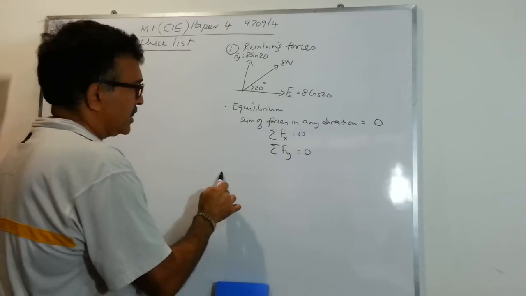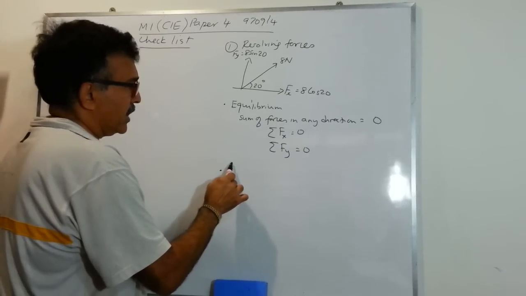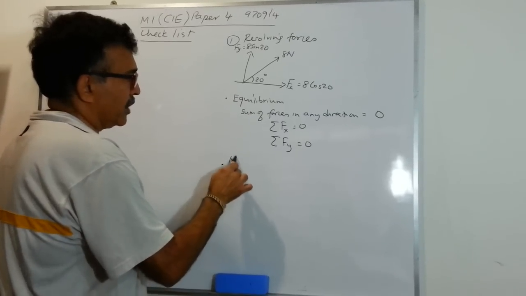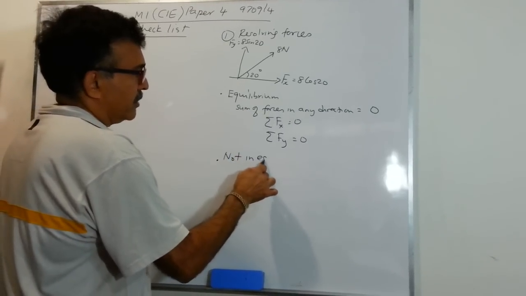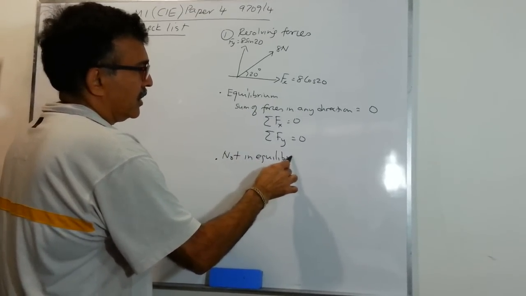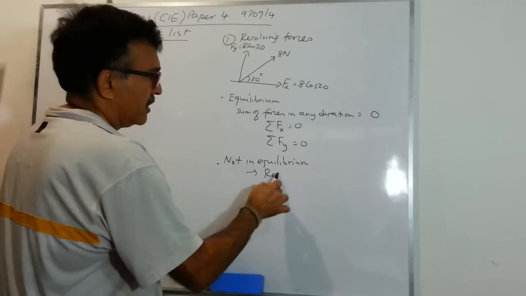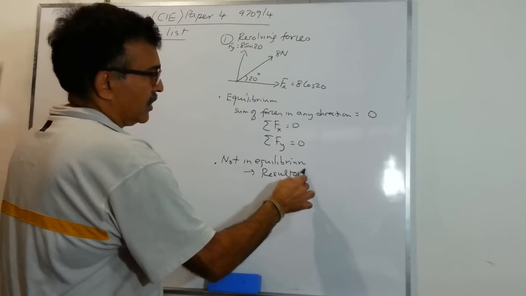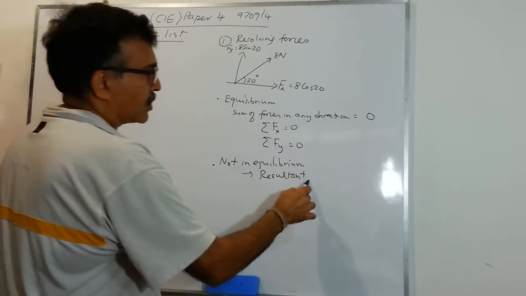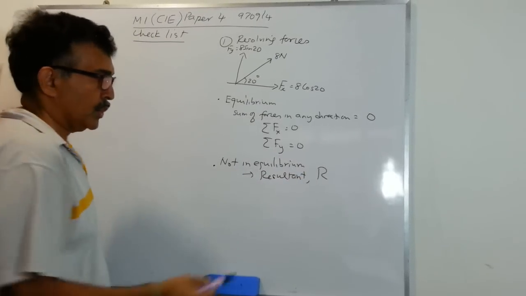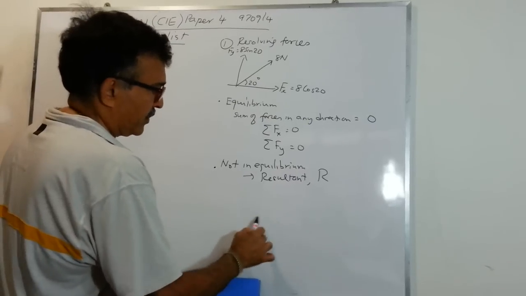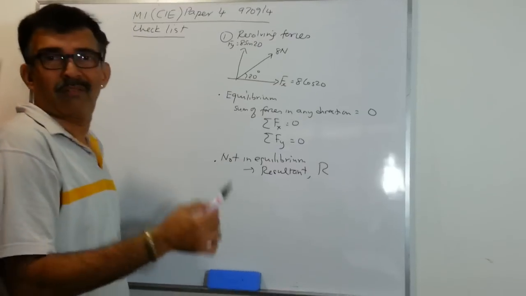The other thing is, if we are looking at a situation which is not in equilibrium, when you have a system of forces not in equilibrium, then you're going to have a resultant. Let's just call our resultant R. Draw a simple vector diagram.